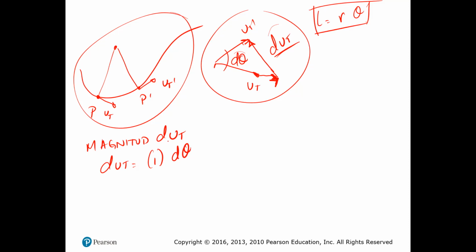And then if you want to know the direction, right? Magnitude and direction of that particular vector, you need to know that that vector is pointing towards the center of the curvature, right?